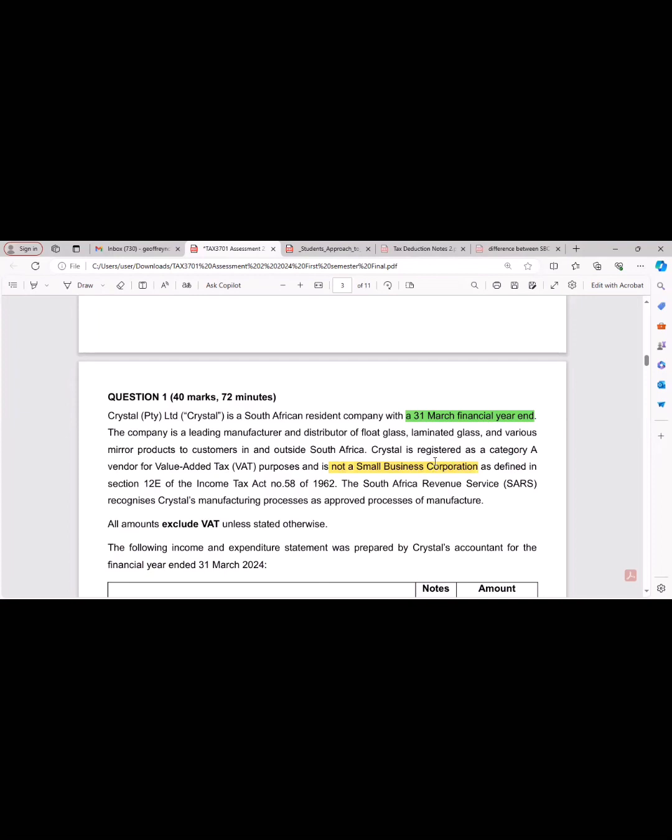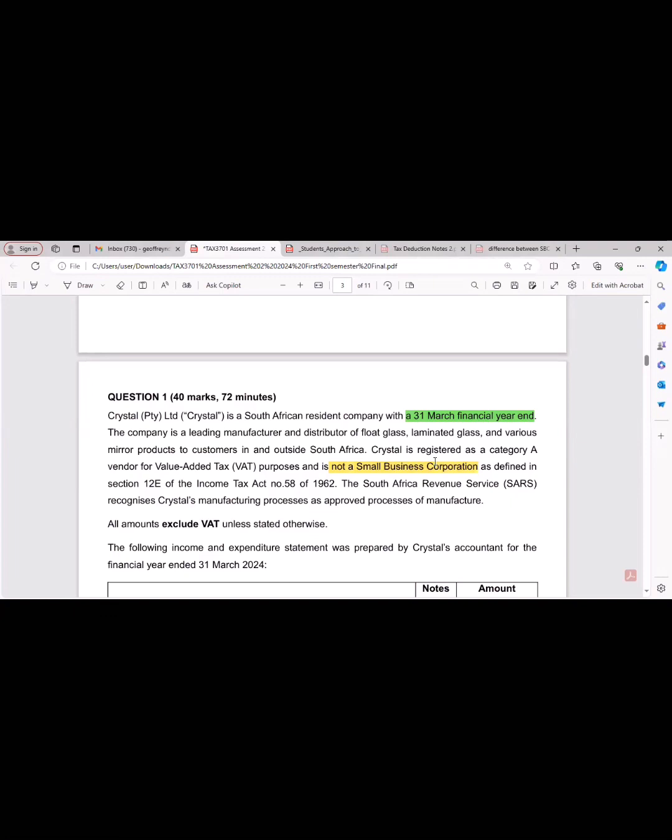If it's a small business, SARS will treat it differently from a big business, just as you treat someone younger differently from someone older, in the way you talk to them. SARS does the same thing.